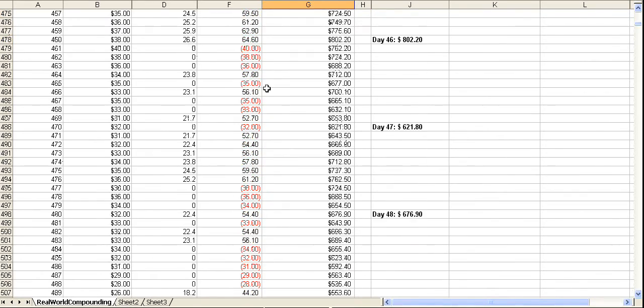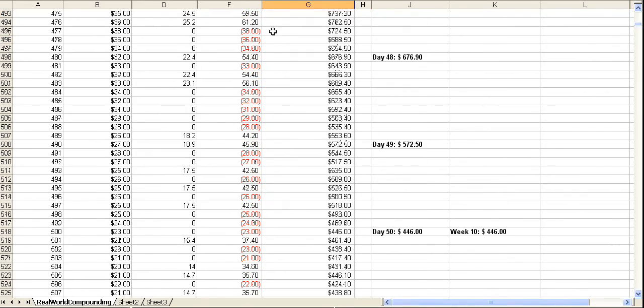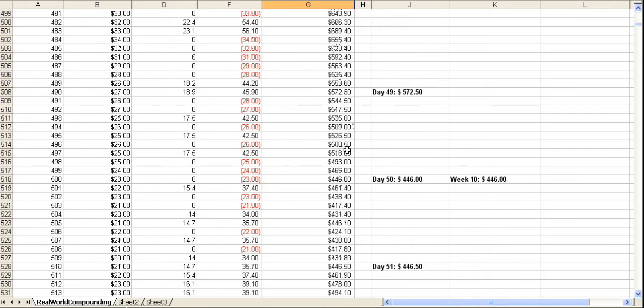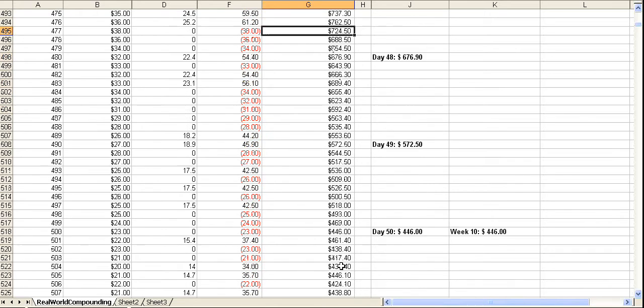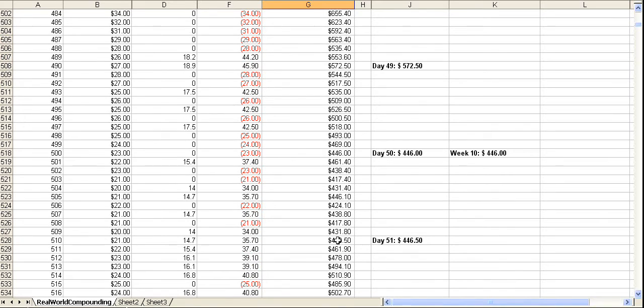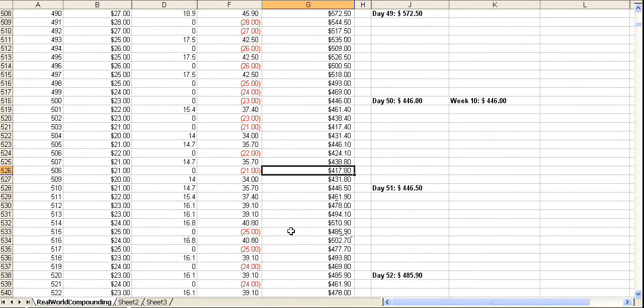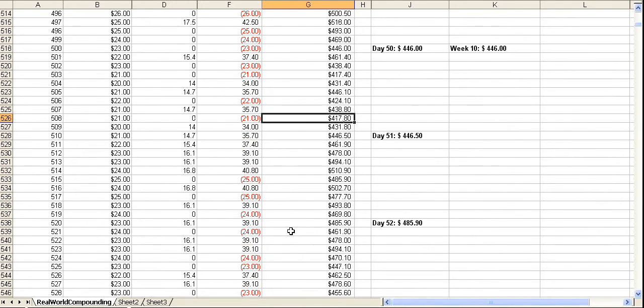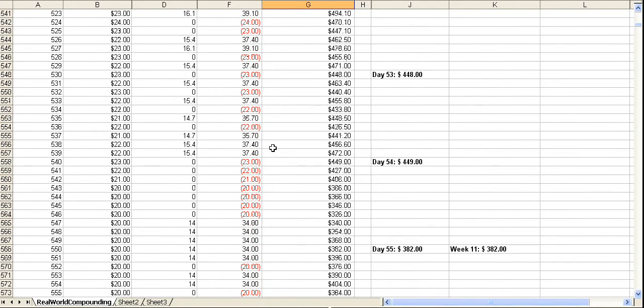But now we start hitting some losing. Look at this. So we start at 762 at day 47. By the end of day 51, we've gone from 724 down to 446. Actually, the lowest was 417. That's a significant drop. And then look at here.